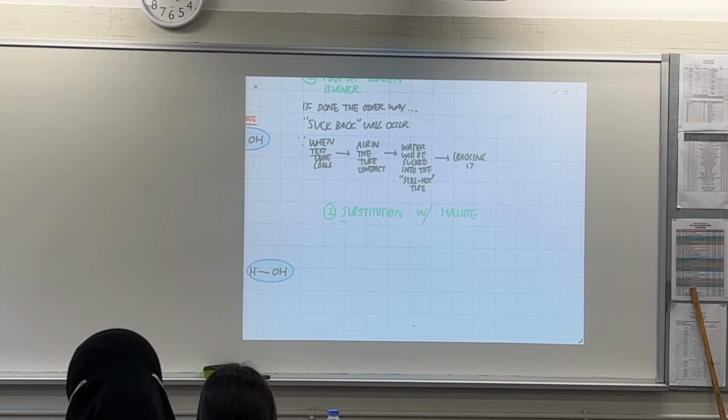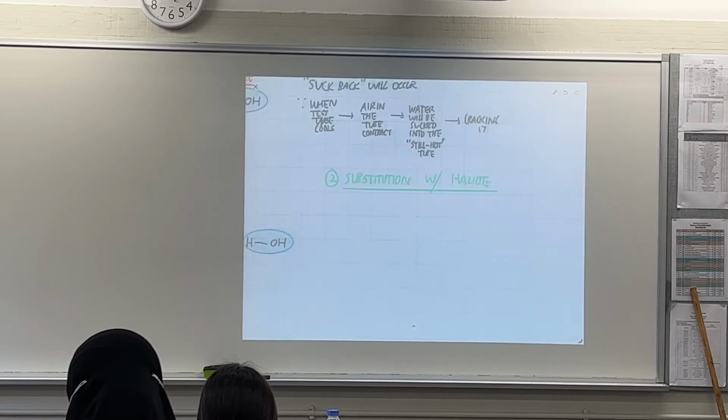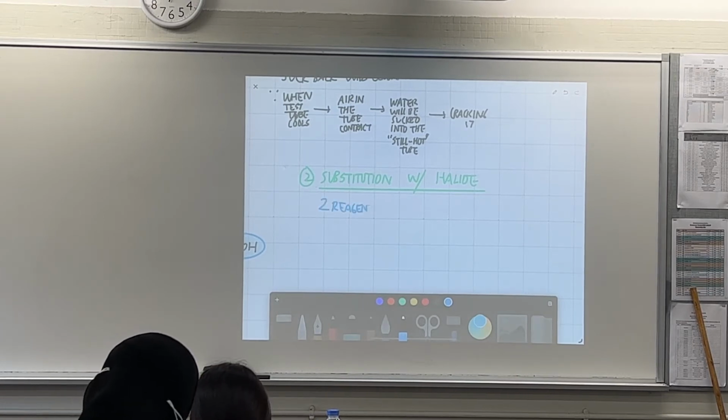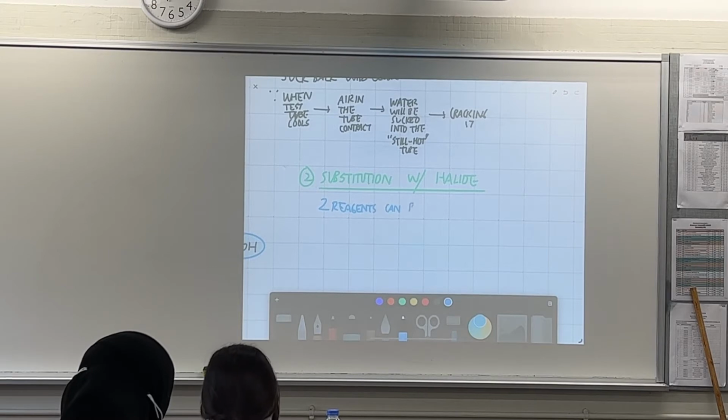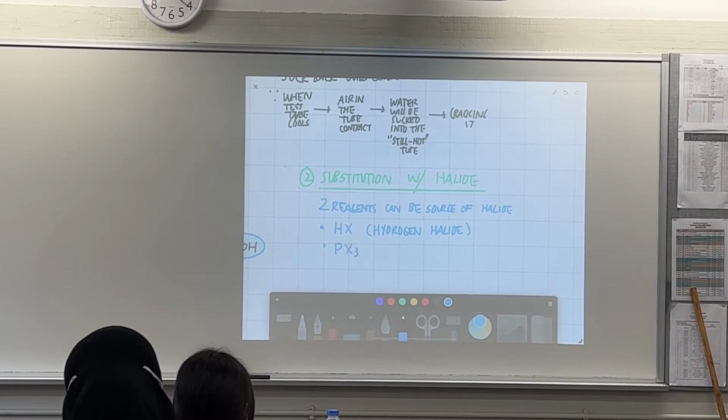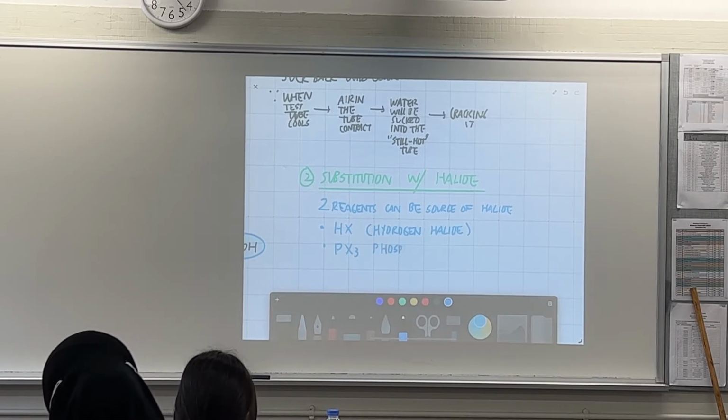There are two different sources of halide, so two reagents can be the source of halide. One is HX, hydrogen halide. And the other is PX3, so phosphorus trihalide.